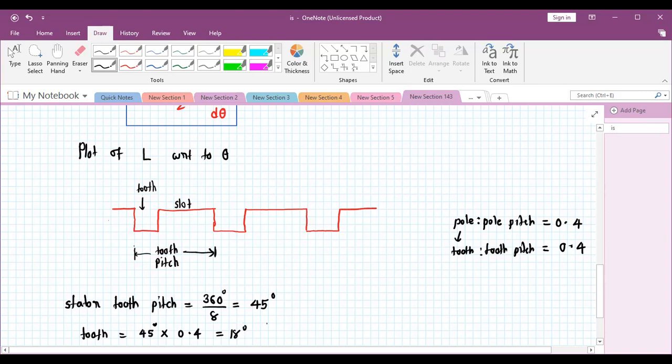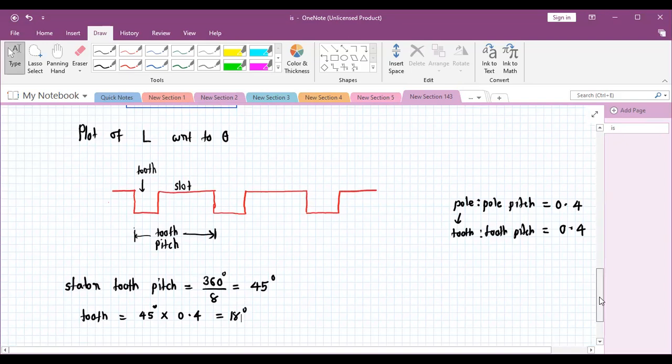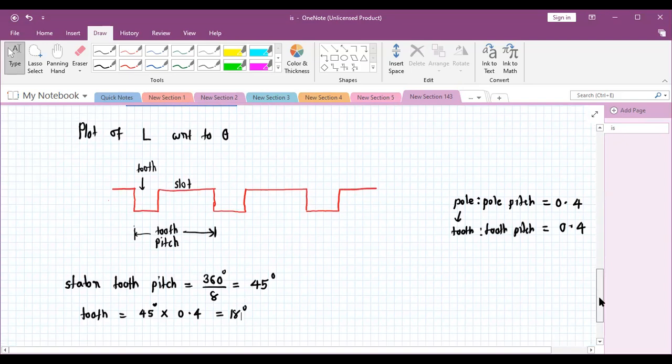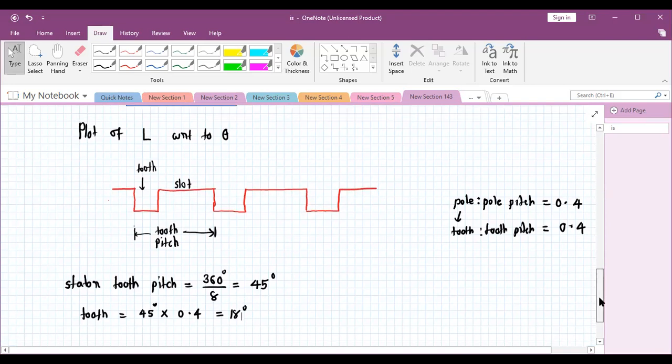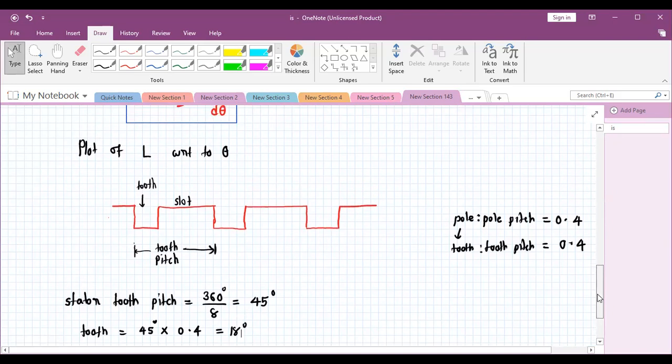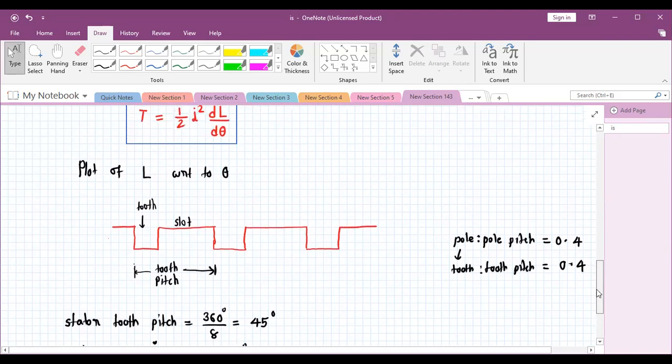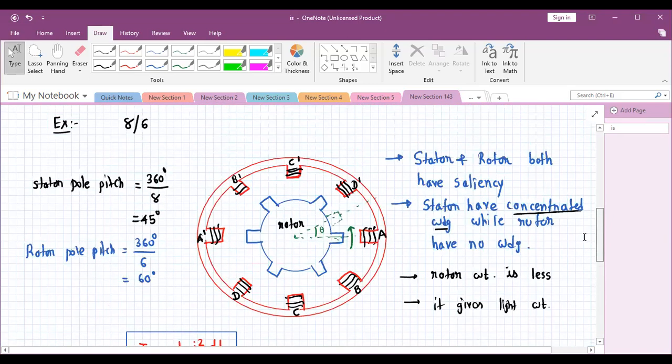So what we can say that same thing is applicable for the rotor pole. Yes, Derek. I wanted to ask if the ratio of pole to pole pitch is equal to the ratio of tooth to tooth pitch. See, a stator tooth pitch. It means what? Suppose consider that if you will just open the 360 degrees there.